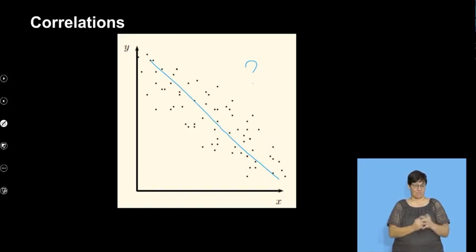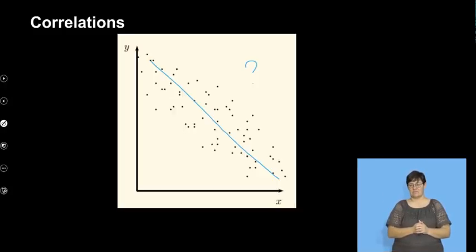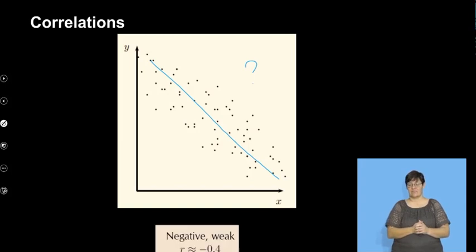What is the correlation? We know it's negative. Negative 0.5, negative 0.6. Let's see what we have. We agree it's negative, weak correlation, and the correlation coefficient is approximately negative 0.4.